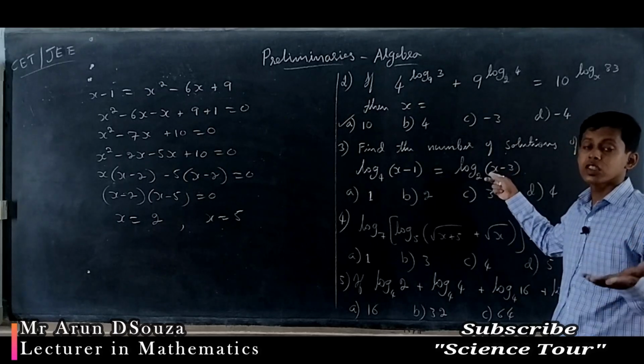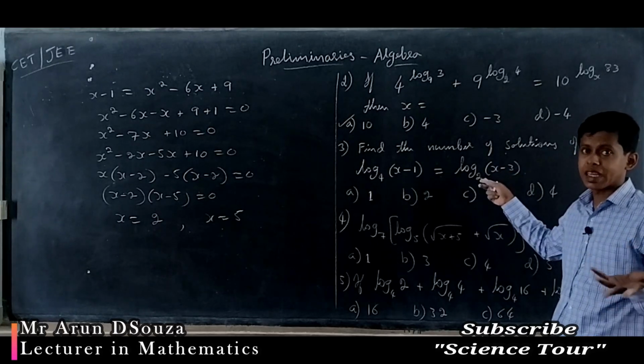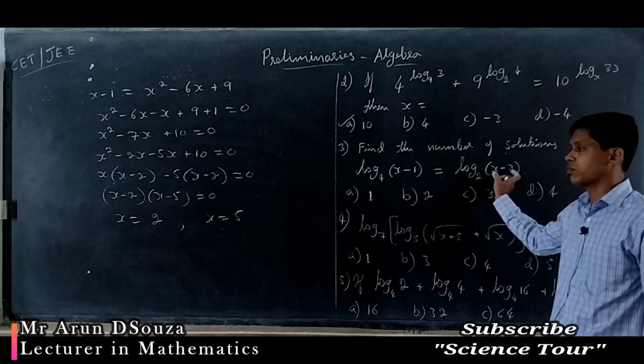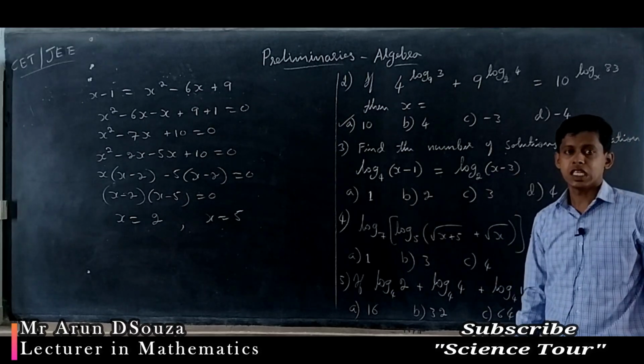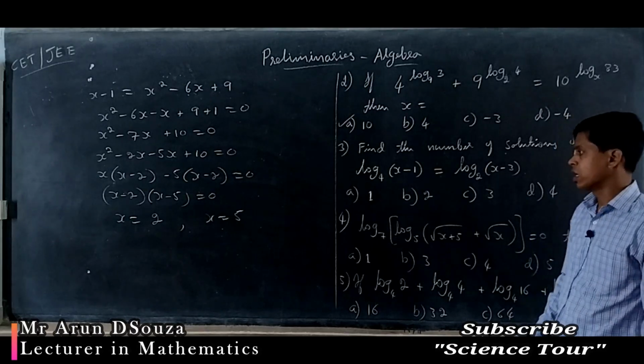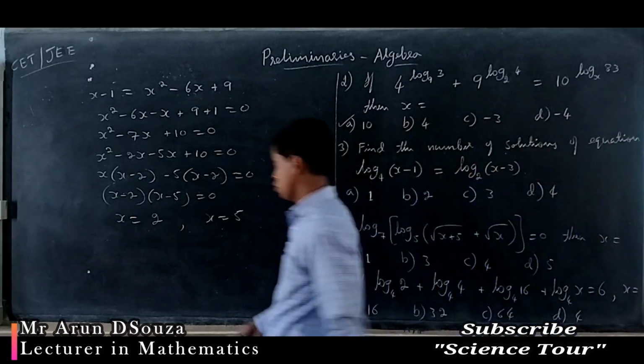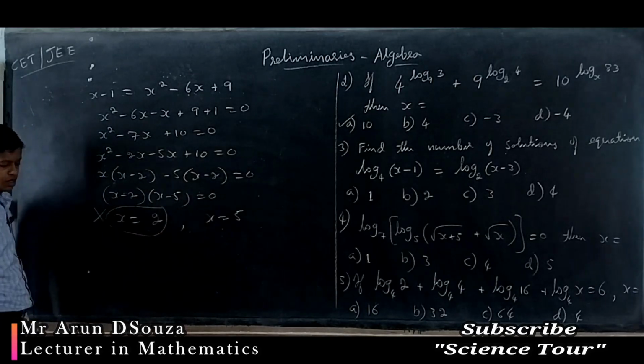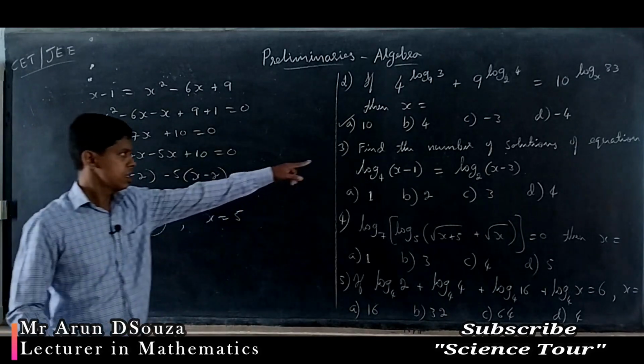Log of minus 1 does not exist. Log of negative, log 0 does not exist. It must be greater than 0. This quantity must be greater than 0. So that condition is very important here. So x is equal to 2 does not satisfy. It does not satisfy the equation.